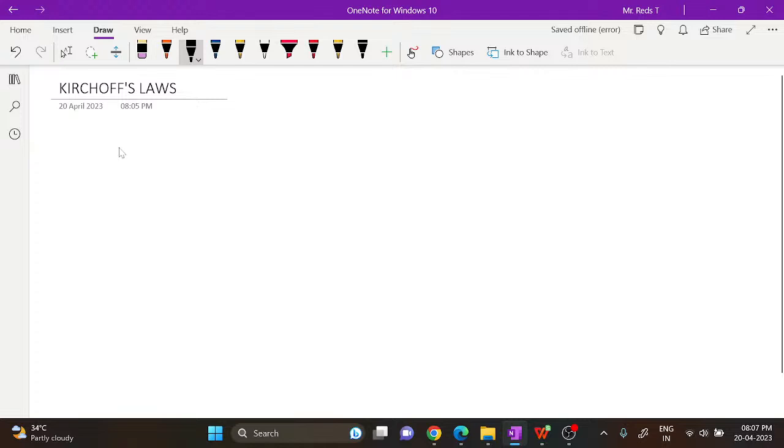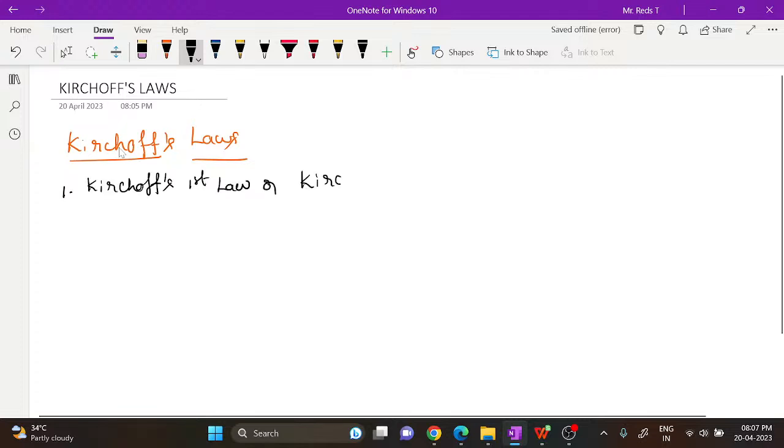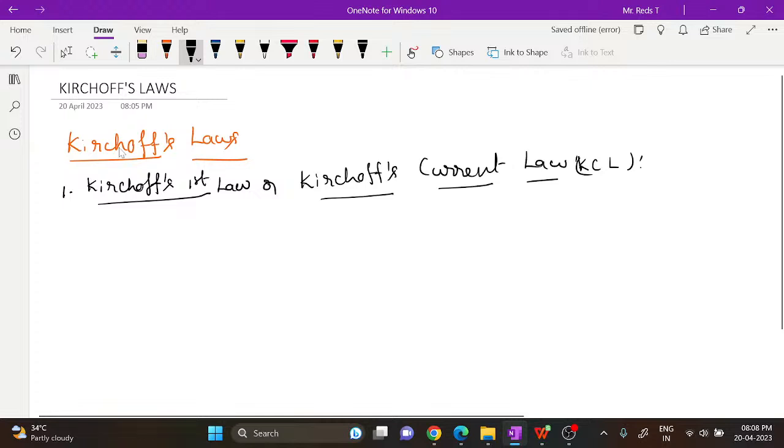So first law we call Kirchoff's first law or Kirchoff's current law. What does Kirchoff's current law say? The algebraic sum of the currents at a junction is equal to 0.